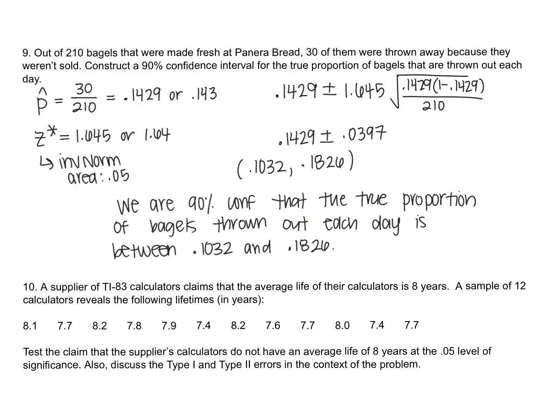You are allowed to, for your sentence for a proportions, write your confidence interval numbers as percentages in the sentence. So if you wanted to say 10.32% and 18.26%, that would be correct and I wouldn't count it against you.